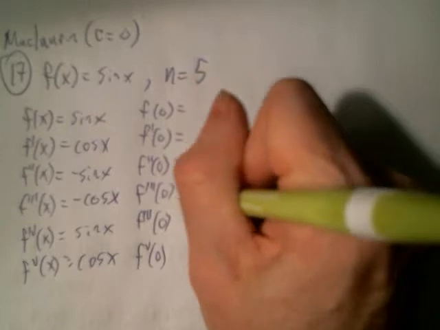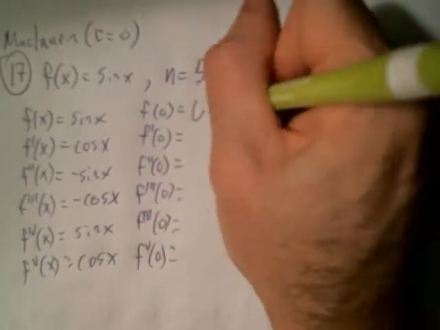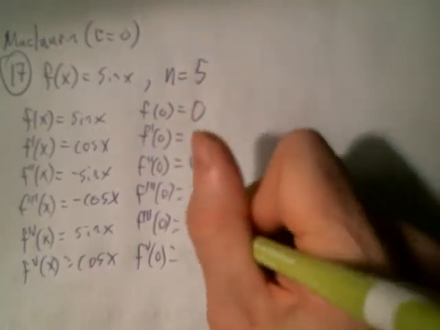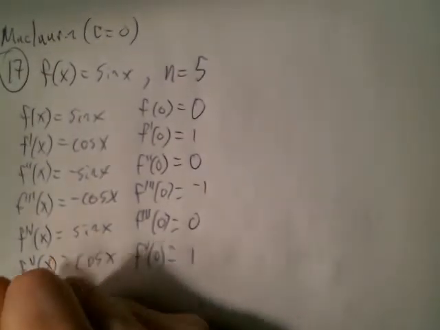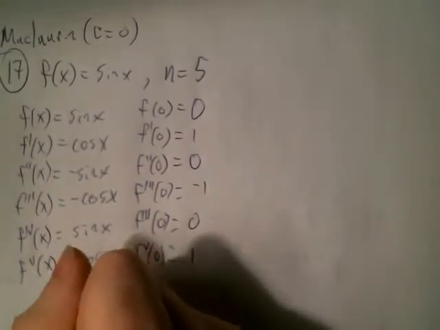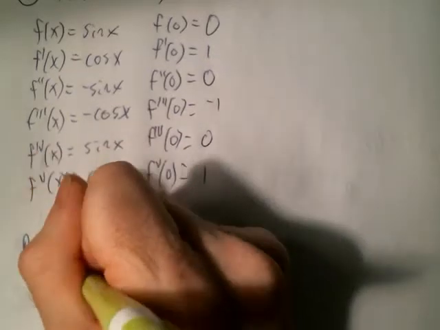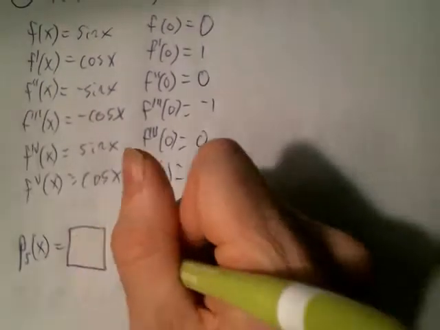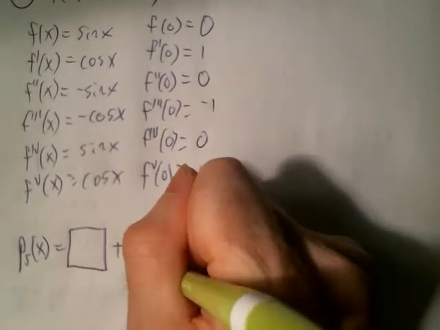So 0, 1, 0, negative 1, 0, 1, and then P5 of x in its most basic form. I mean, literally you can set it up like this as a fill-in-the-blank type thing.